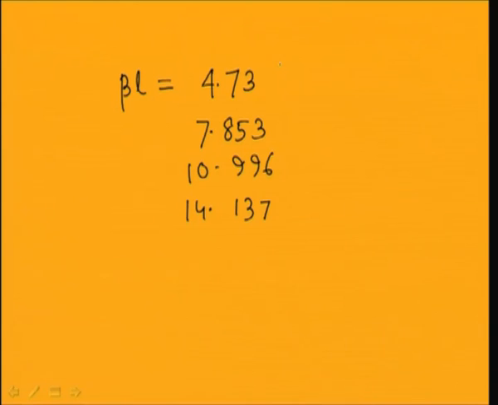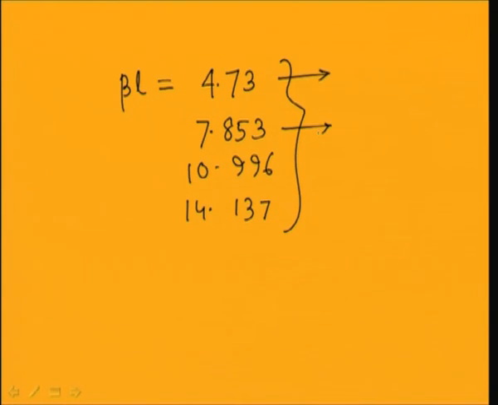These are the first 4 mode frequencies. By solving that equation numerically you can find βL. Here 4.73 corresponds to the first or fundamental frequency, 7.853 is the second mode frequency, 10.996 is the third mode frequency, and 14.137 is the fourth mode frequency.